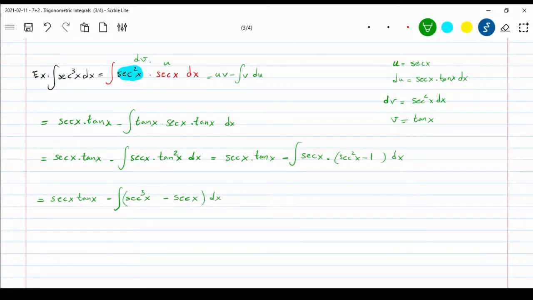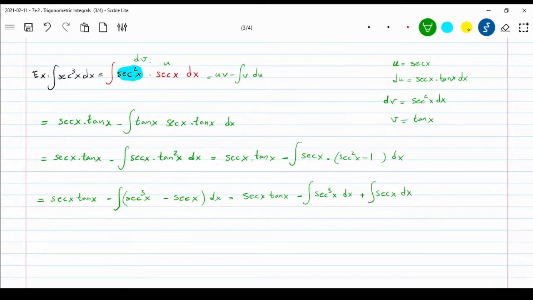Finally, I'm going to write this as two separate integrals. So you get secant x tangent x minus the integral of secant cubed x dx, and plus the integral of secant x dx. The minus becomes positive.